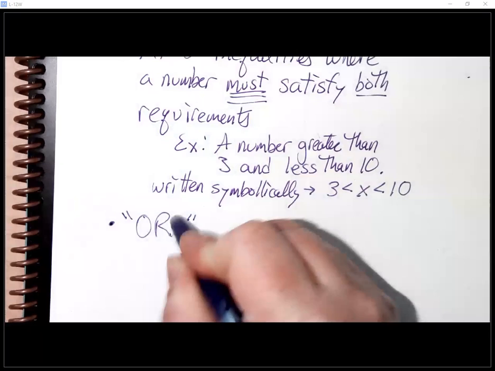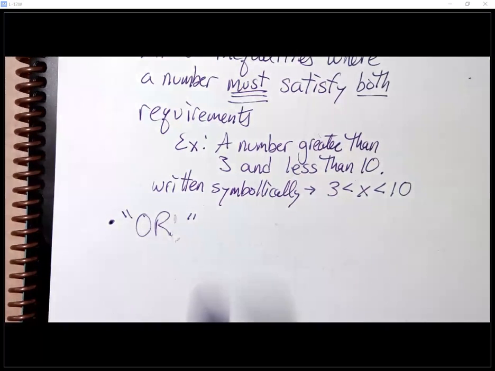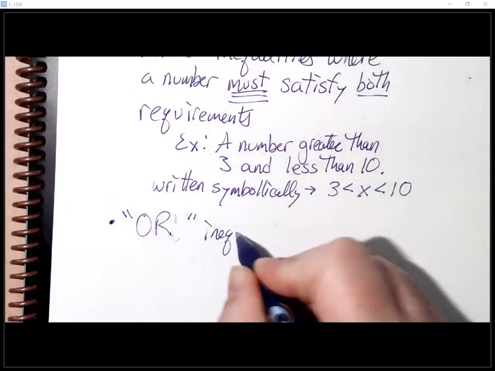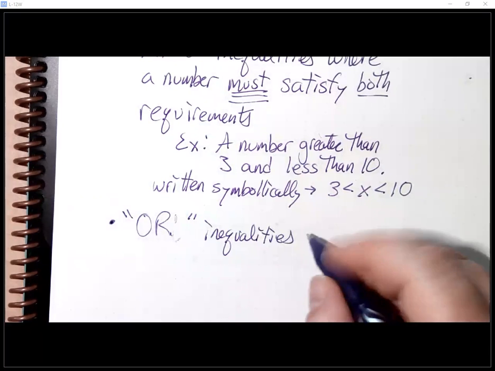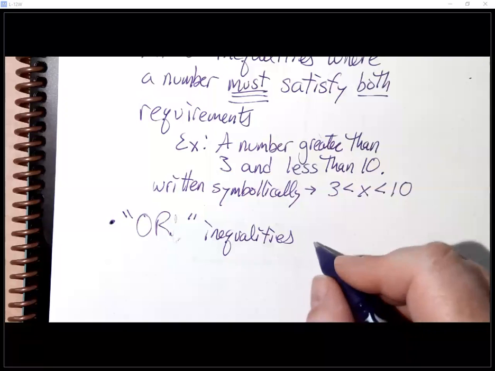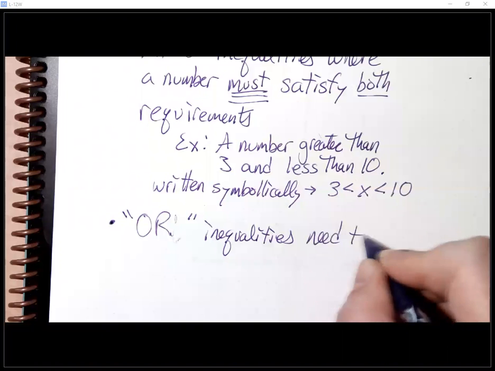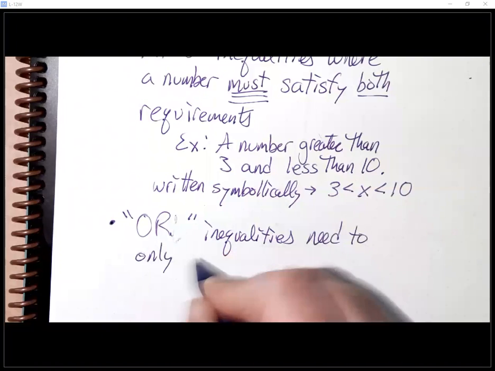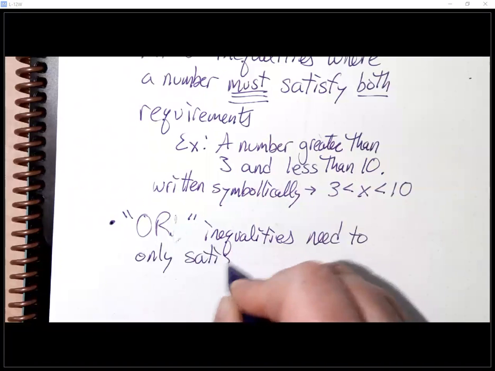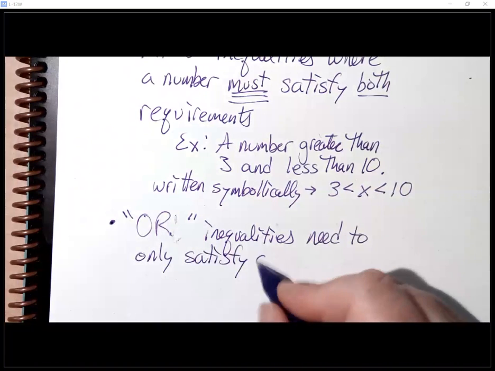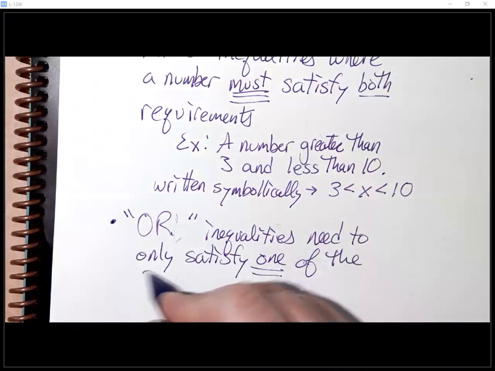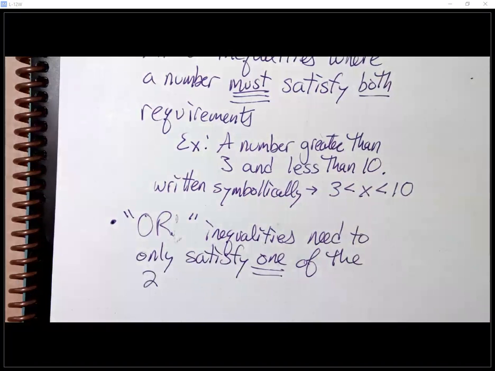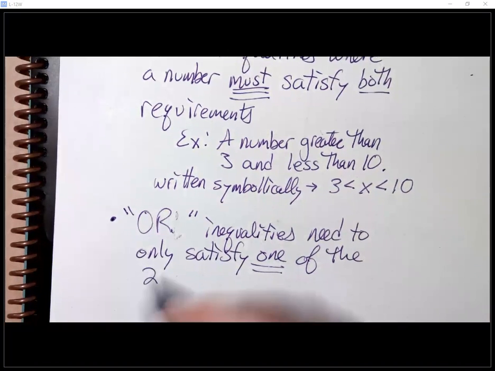So or inequalities need to only satisfy one of the two inequalities. Let's say that.